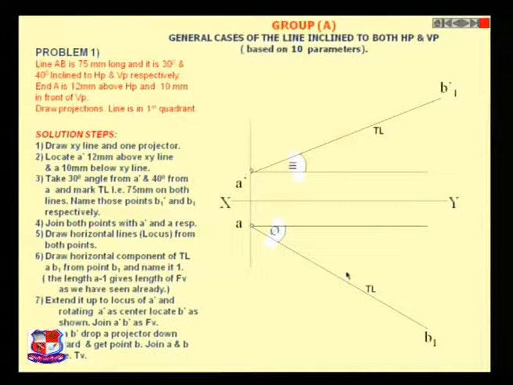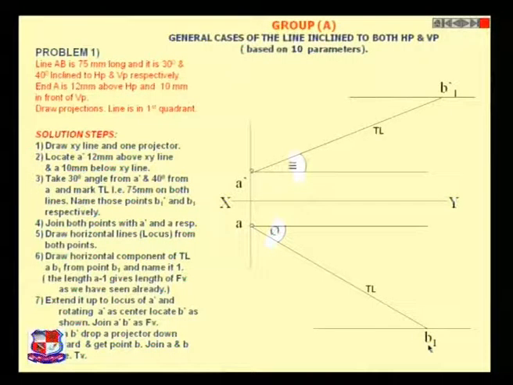Next, take lines parallel to the XY line. The first passes from point A, the second from A dash, the third from B1 dash and the fourth from B1.